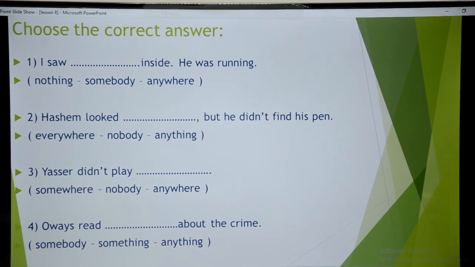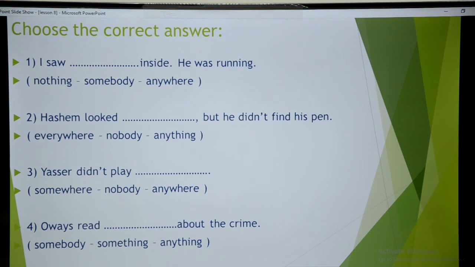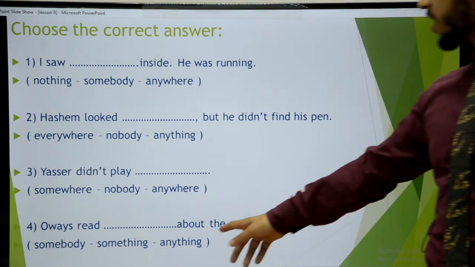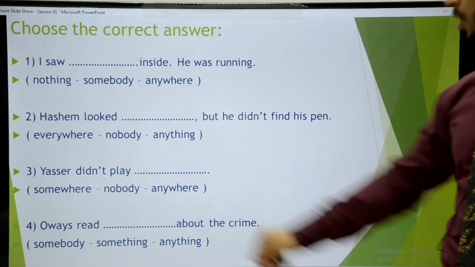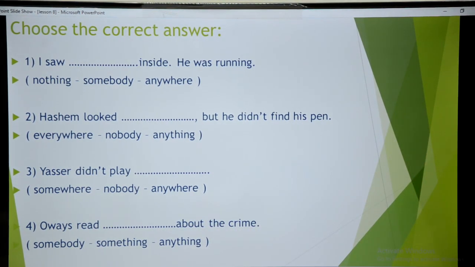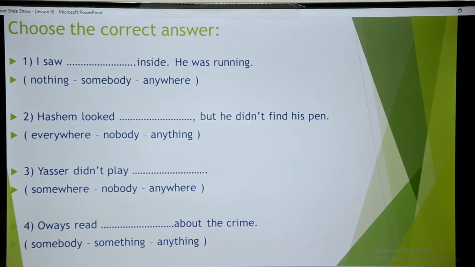Number 4, Uwais read space about the crime. Uwais read what? Somebody or something or anything. Teacher, we can't say anything. This is wrong because it's not a question and there is no not. Okay. Uwais read something or somebody. Of course, you can't read somebody. So Uwais read something. Excellent.